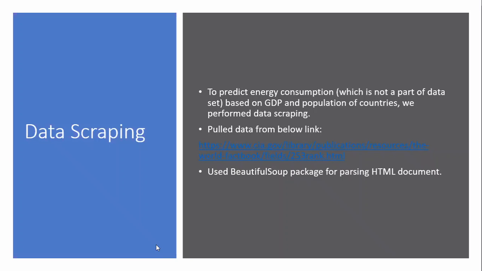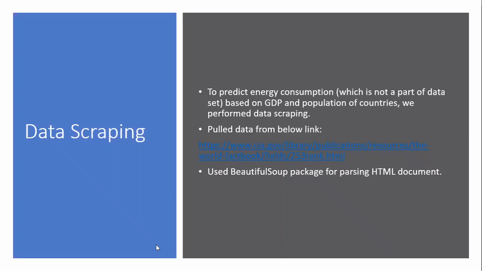So basically, the code we wrote results in a data frame that contains the list of the countries with their energy consumption. What we did then was to merge this data frame with our data frame, and from there we selected the columns we needed to build the different regression models.